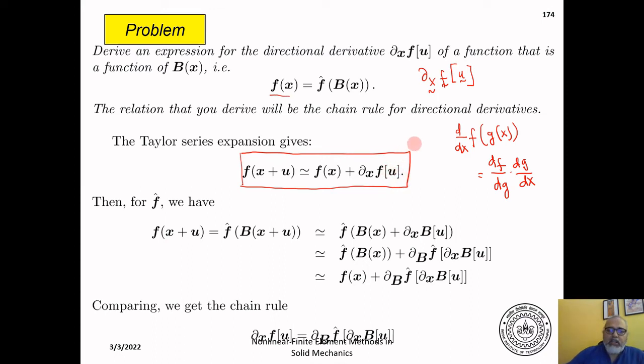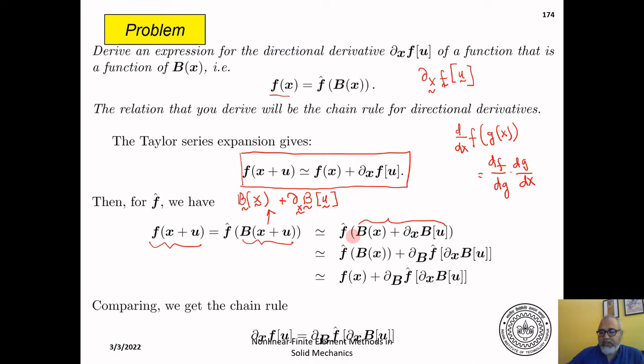Now, f of x plus u is equal to f star b of x plus u. So when we have b of x plus u, we can write this using again this Taylor series as b of x plus the directional derivative of b with respect to x in the direction of u. So we can write this thing inside the brackets as this, which is what we have done here.